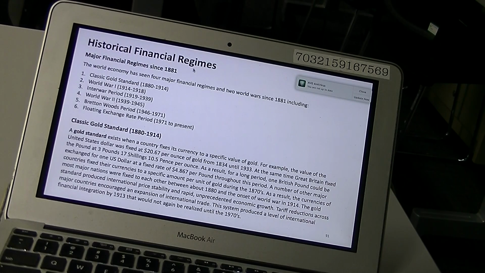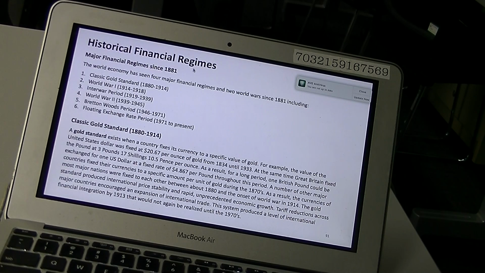From about 1880, most major currencies were fixed to each other, until the onset of World War I in 1914, a period of about 35 years. What that does is produce relative price stability.